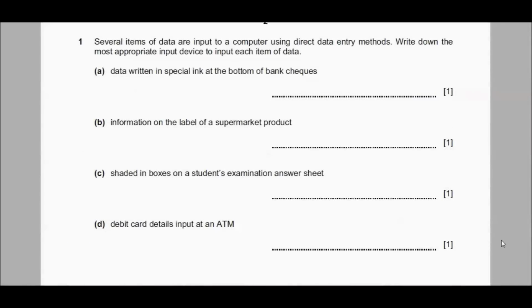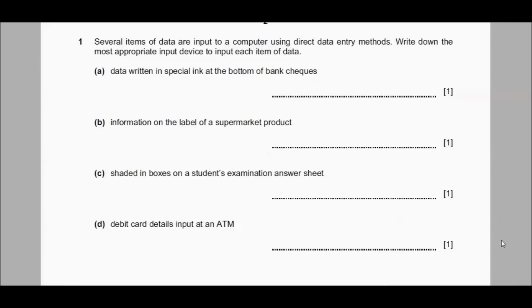Okay, let's start on question number 1. The question is, several items of data are input to a computer using direct entry methods. Write down the most appropriate input device for each input item of data. So some things to note, and I usually ask my students to underline the main key points of the questions, so when they're answering the question they answer directly and don't make any mistakes or write something that the examiner might not be expecting.